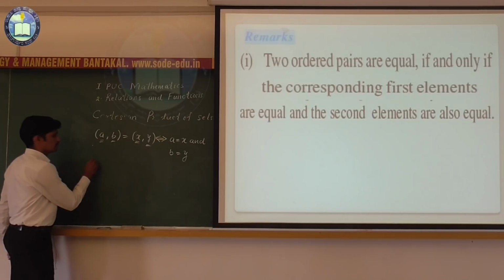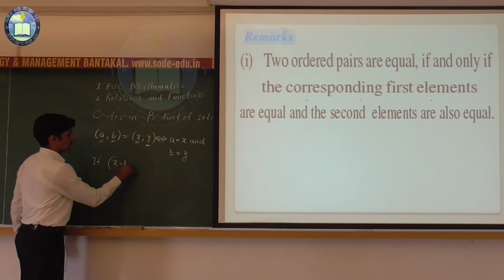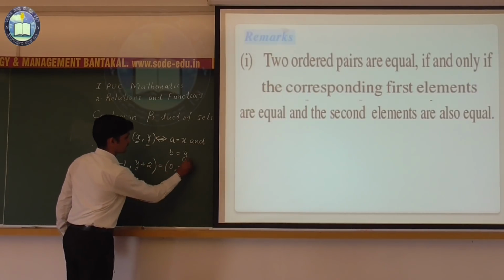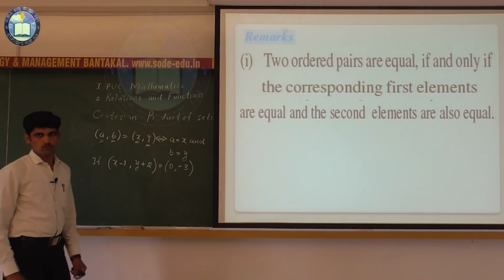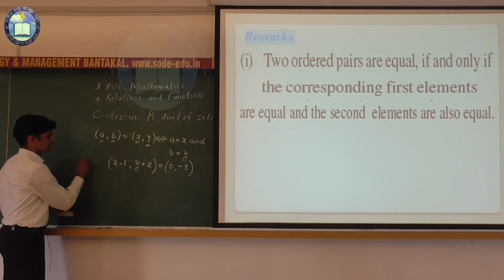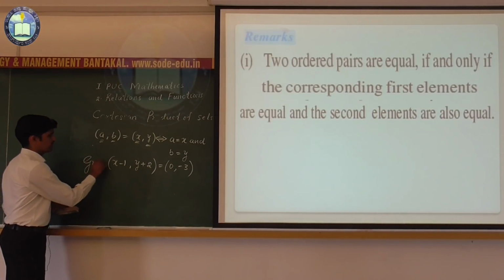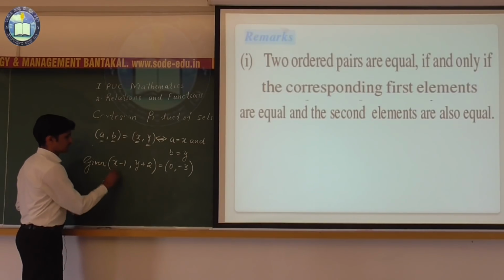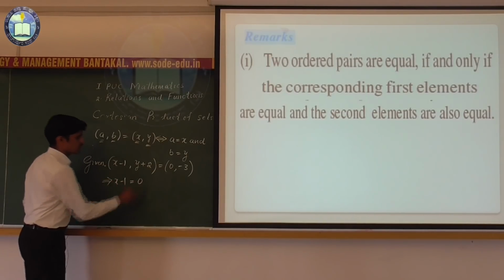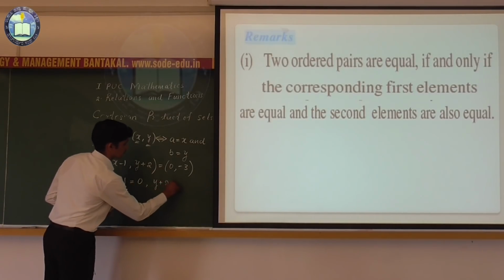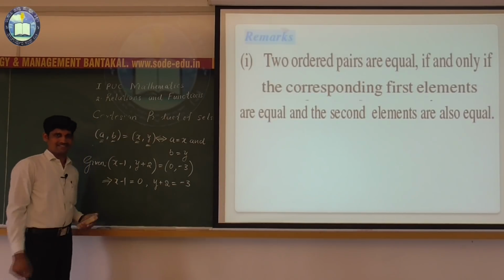For example, one can ask a question like this: if (x minus 1, y plus 2) is equal to (0, minus 3), then find x and y. We have to find the value of x and y here. Suppose these are ordered pairs which are equal to one another, then we can see that x minus 1 must be equal to 0 and also y plus 2 must be equal to minus 3.